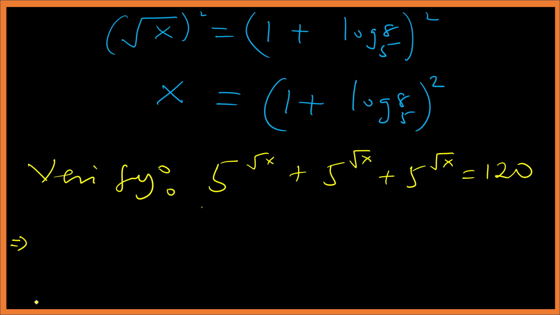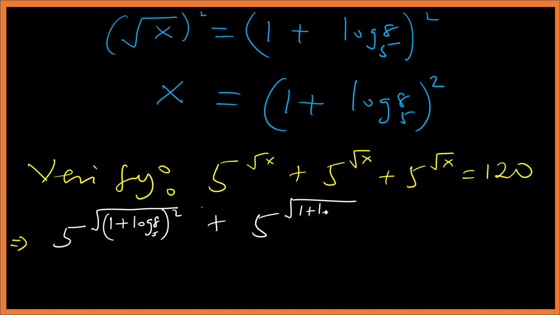So we have 5 exponent, with x as 1 plus log 8 base 5 all squared, plus 5 exponent 1 plus log 8 base 5 all squared, plus 5 exponent 1 plus log 8 base 5 all squared.